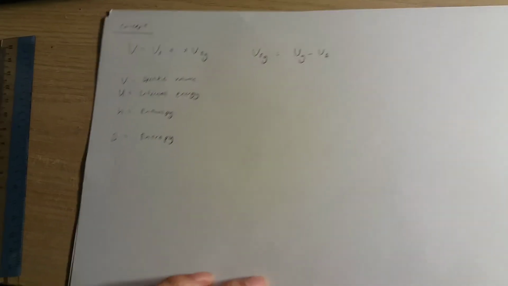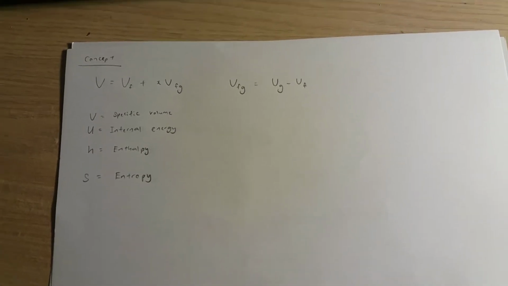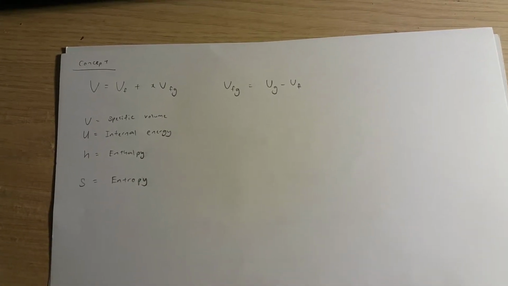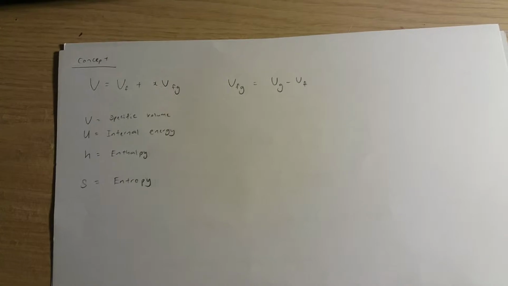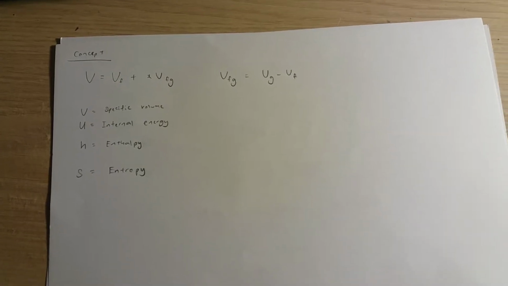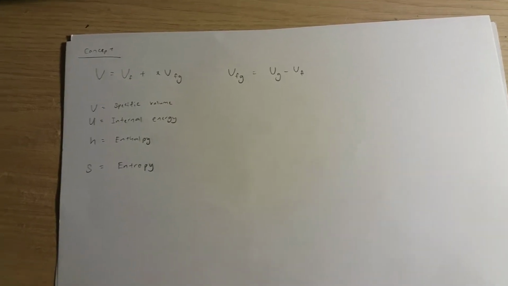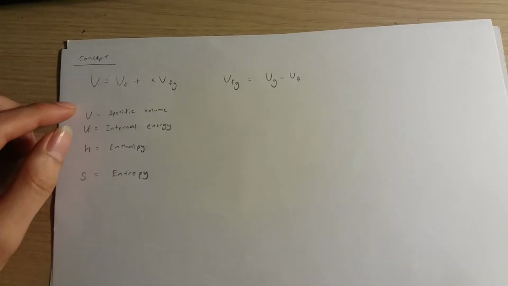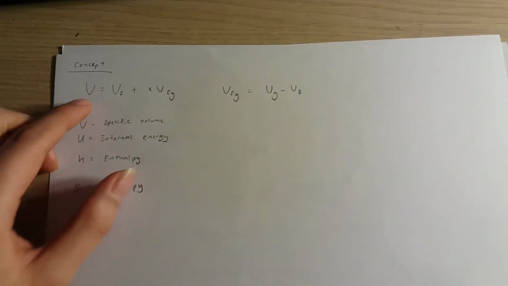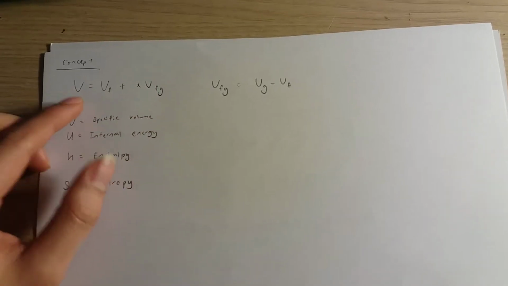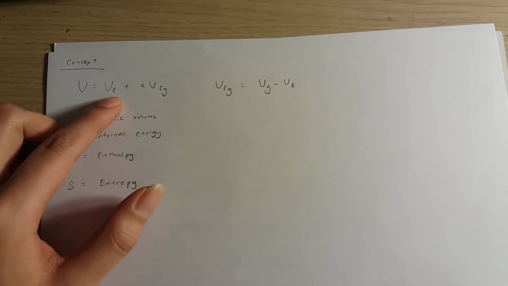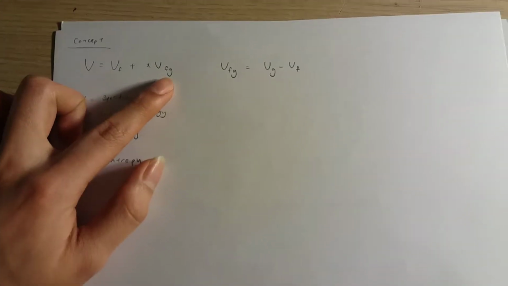So basically, if you're referring to the property tables throughout this engineering thermodynamics course, the basic concept we have to bear in mind is that every time you want to find the quality, which is x, you just have to use this formula: v equals vf plus x vfg.